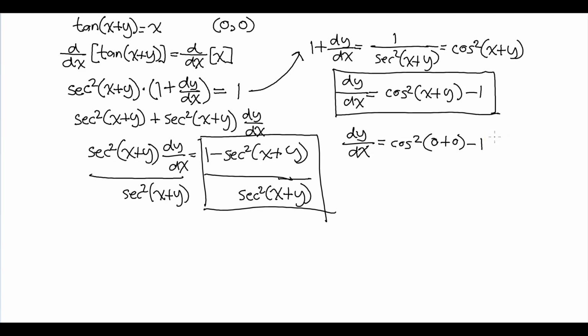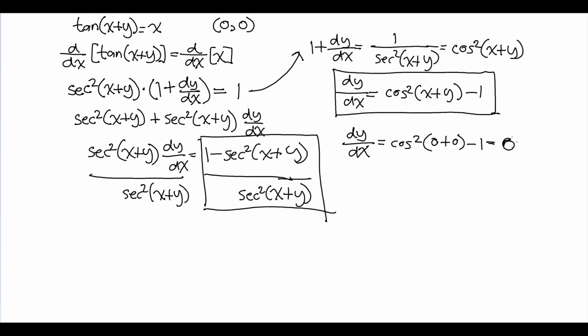The cosine of 0 is 1, 1 squared is 1, minus 1 is 0. So it turns out that dy/dx at (0, 0) is actually 0.